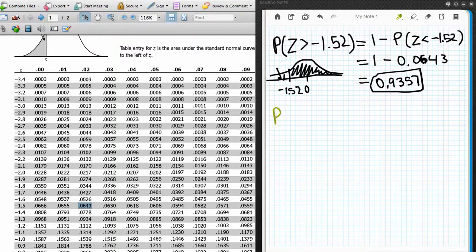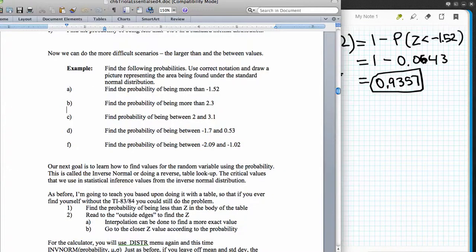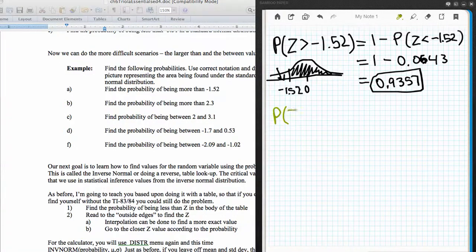My next one says the probability of z being more than 2.3. So now I have my picture, and here's my 0, and then 2.3 over here, and I can't find a positive in a negative z table, but I know because of symmetry that it would be the same as this area that's less than negative 2.3.